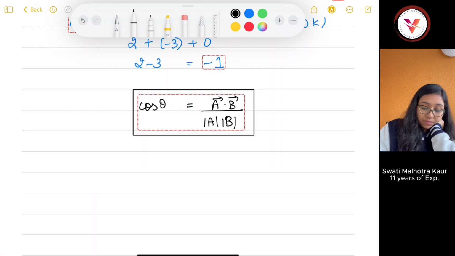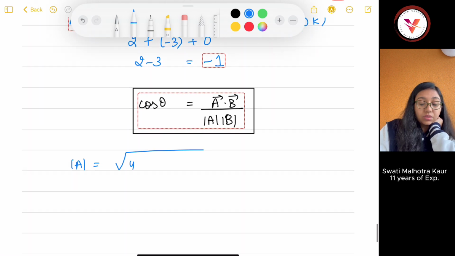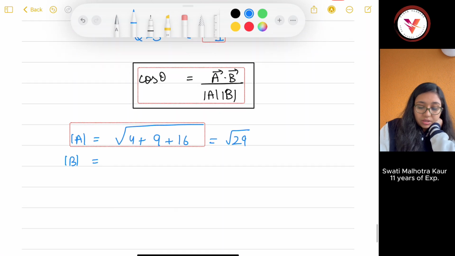So magnitude of A is what? 2, 3, 4: 2 squared is 4, 3 squared is 9, 4 squared is 16, you get root 29. And for B vector, I cap minus J cap, that is 1 plus 1, which is root 2.